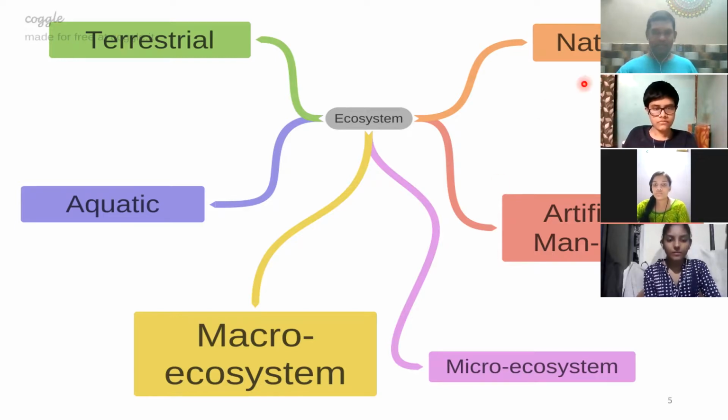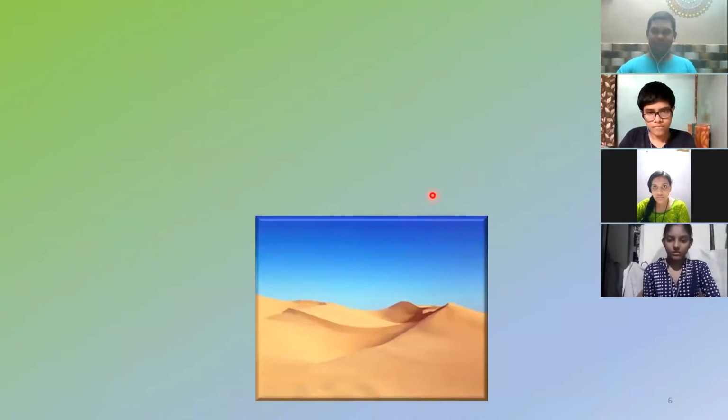Yes. Okay. So now quickly what we'll do, there will be some random pictures of ecosystems on the screen. Observe that and tell me where you will classify it out of the 3 types. First one. Identify the ecosystem first. Natural. It is natural. But first identify. Which one is it?